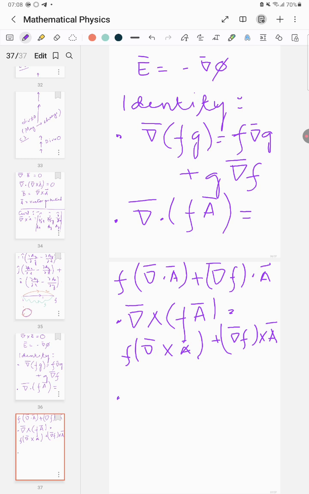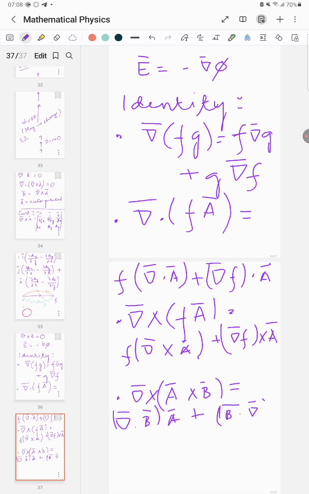Now curl of a cross b would be divergence of b into a plus b dot del into a, minus divergence of a into b minus a dot del into b.